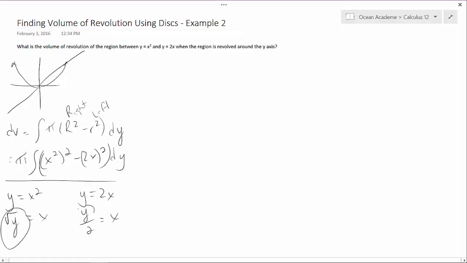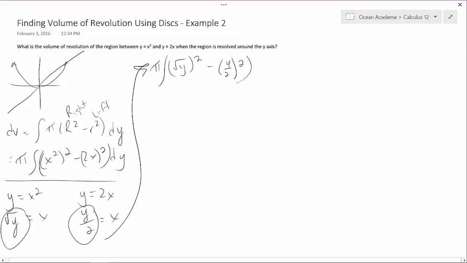So these are actually what we need to plug into our formula. So we've got pi, and now we've got the square root of y squared minus y over 2 squared dy.